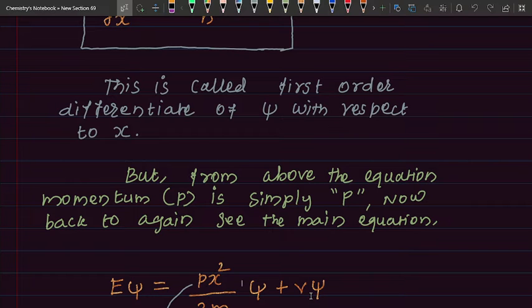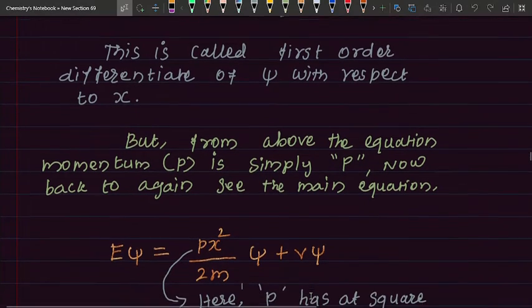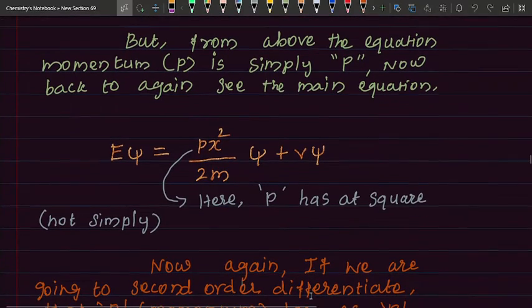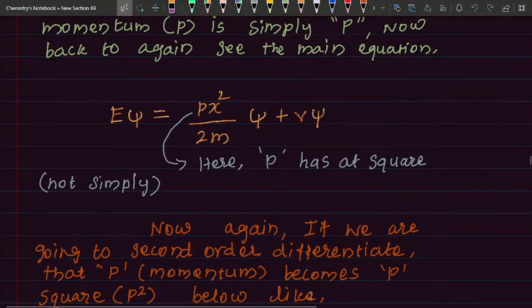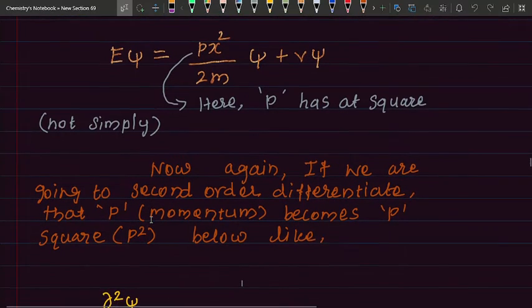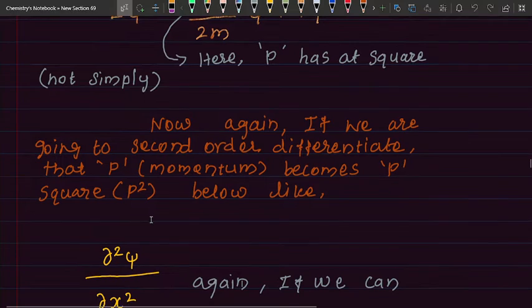Now back to the main equation we have already seen: E psi equals px square divided by 2m psi plus V psi. Here p is squared, so we write it below.